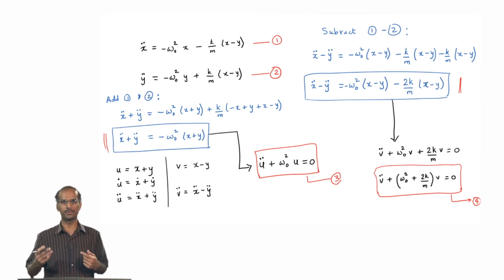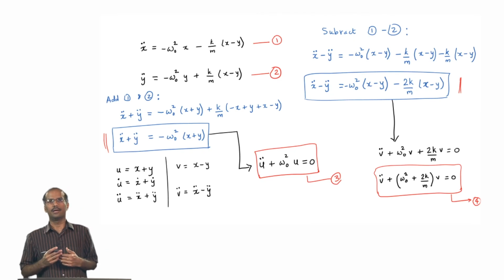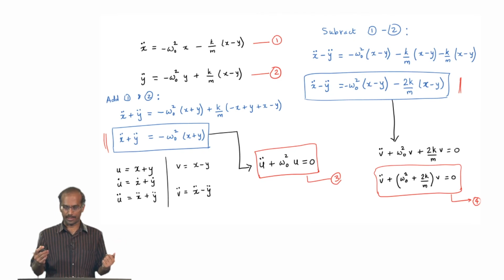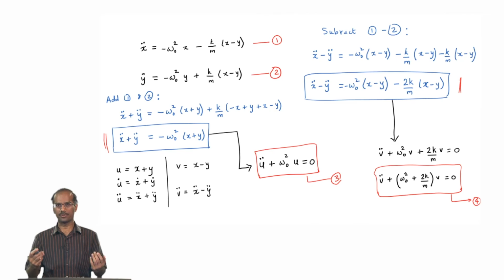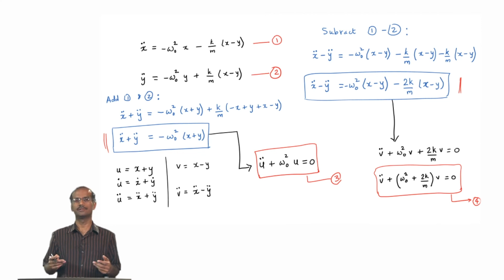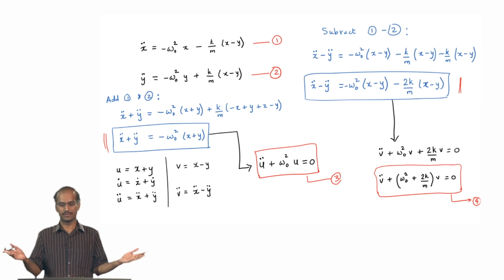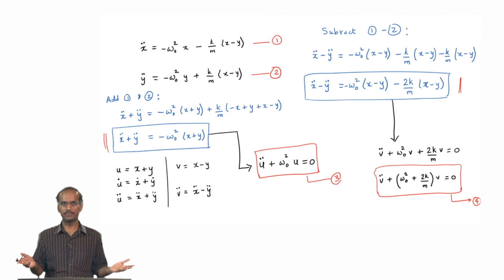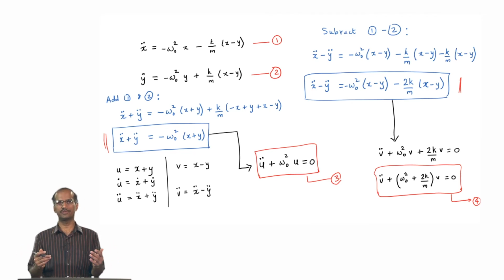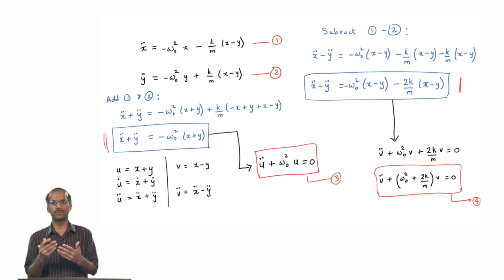So, it is coupled to one another, and what we did was to add and subtract the two equations, and we got two other equations, which are equations 3 and 4, and magically it looks like they simply got uncoupled. In the new variables u and v, we have two equations of motion which do not interact with one another.